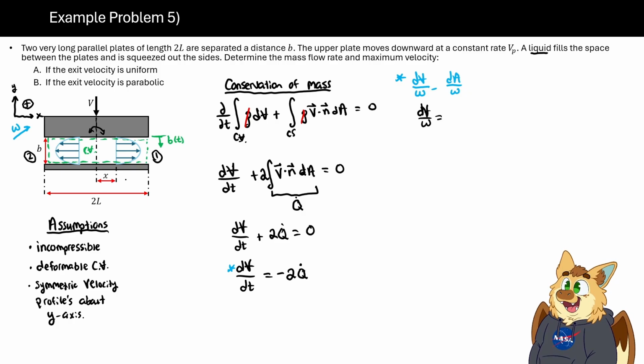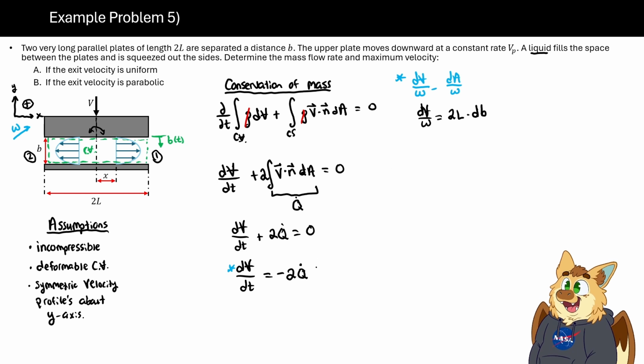Our length is just 2L, and our height is b, but we're going to write it as db because b is changing with respect to time. So our differential volume is 2L times db.